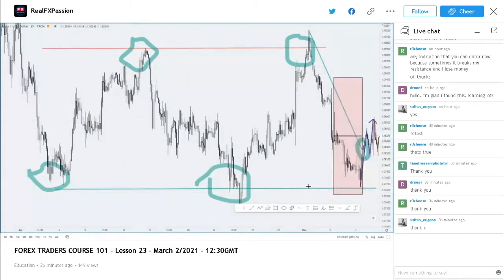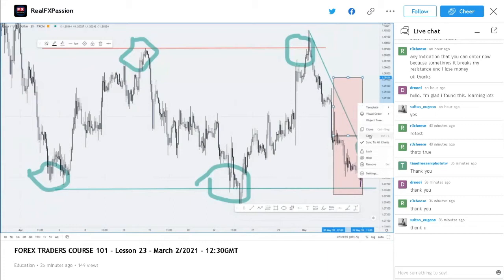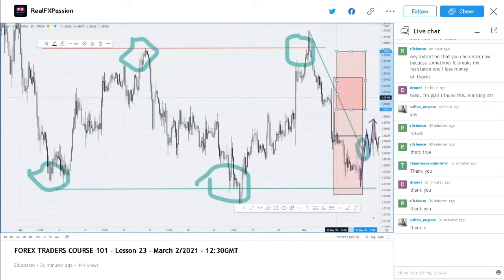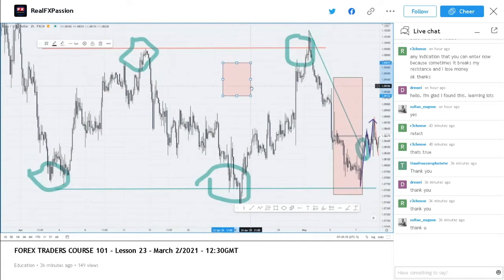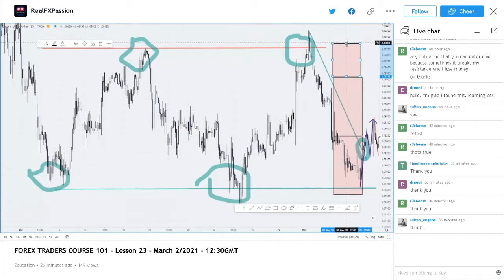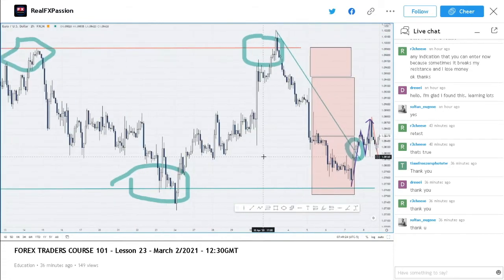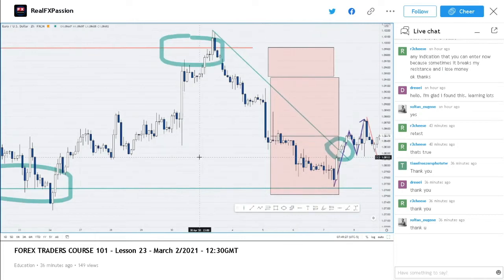So if I'm going to risk 1 Bitcoin, 1 euro, 1 yen, whatever, I want to make 2. This is not the best, but it's still okay because I'm going to make more than I'm risking.